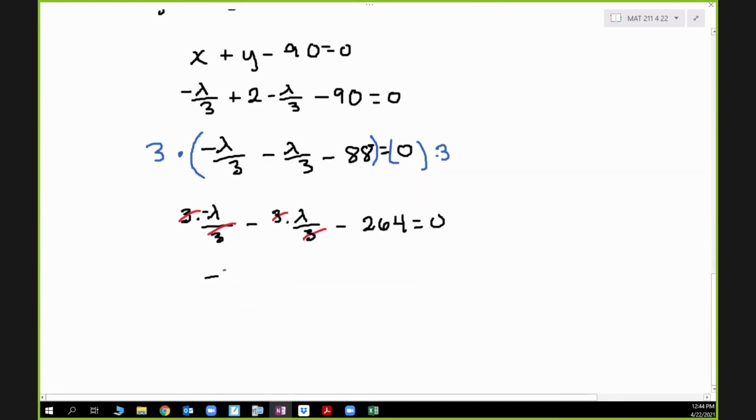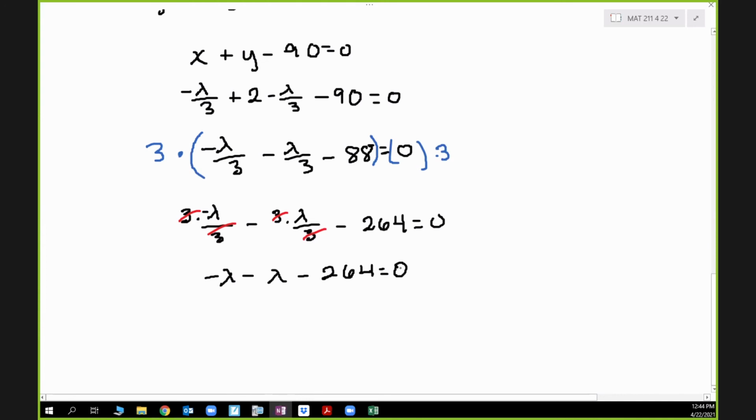So we're left with negative lambda minus lambda minus 264. Oops. So you don't have to do that. We could have added those two negative lambda over 3s together to combine like terms.